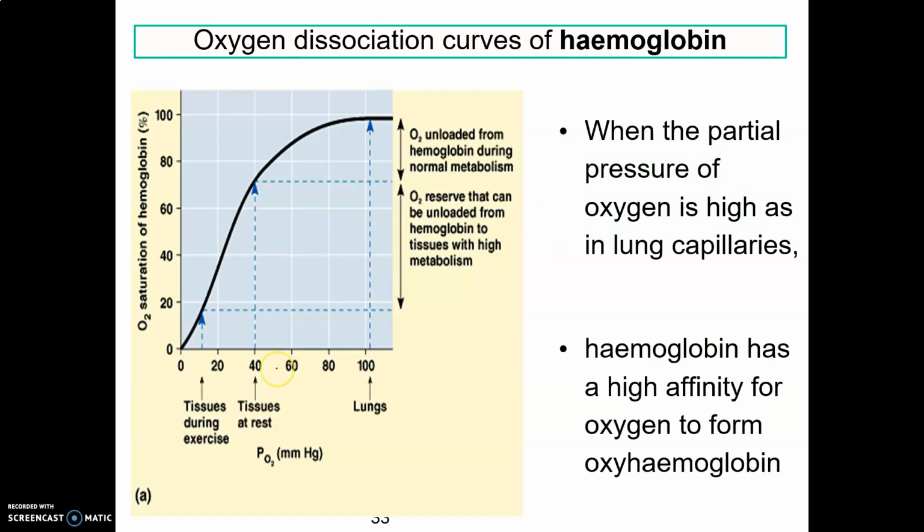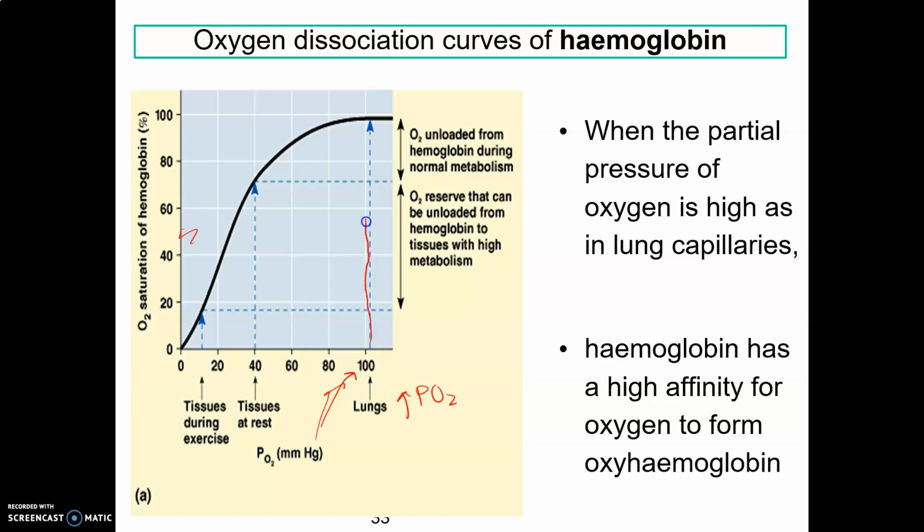Okay. Kalau kita tengok, okay, when the partial pressure of oxygen is high in lung capillaries, apa yang kita boleh nampak, hemoglobin has high affinity for oxygen to form oxyhemoglobin. Okay, kalau kita tengok dekat sini, dekat lung memang akan ada high partial pressure of oxygen. That high partial pressure of oxygen means that oxygen will bind dekat hemoglobin.